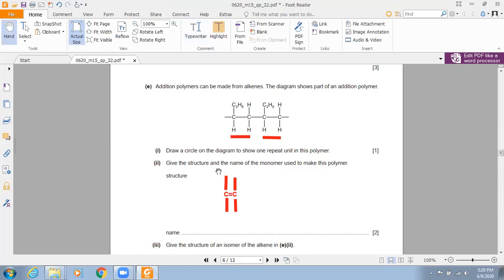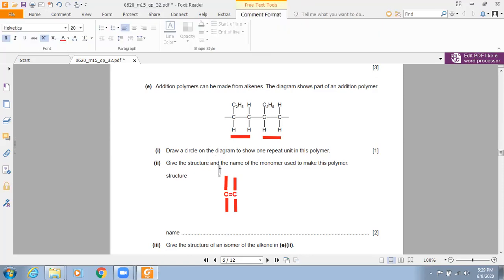We can write here C2H5, and this one C2H5, and here it's okay.